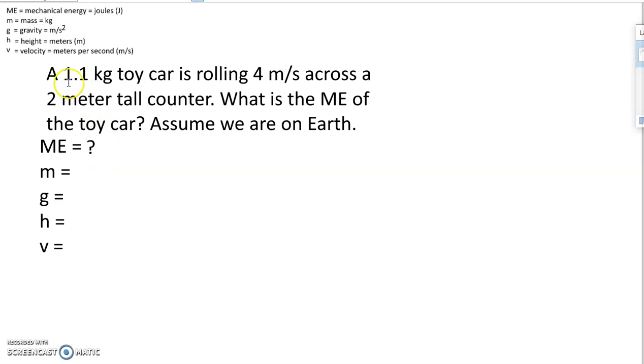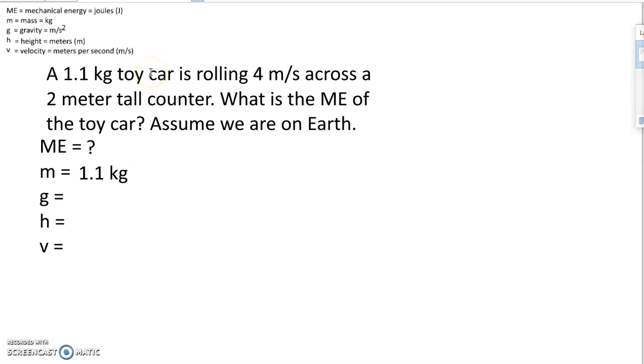I'm then going to go back to the beginning of the question and reread it and identify information as I come across it. A 1.1 kilogram toy car. I see the unit kilogram right here. If I look in my list, just in case I forget, I can see kilograms lines up with mass. So in my list, I'm going to put 1.1 kilograms as my mass.